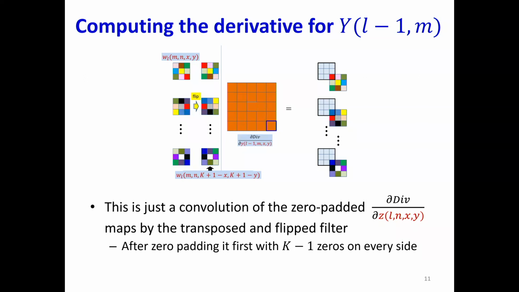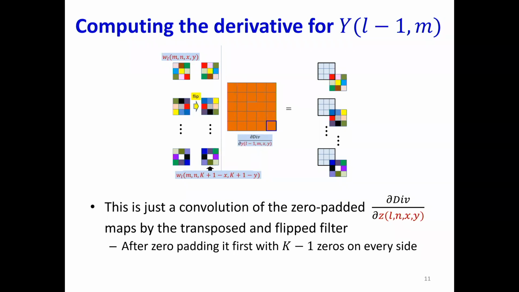The output would be n minus k plus 1, which is going to be m minus k plus 1 minus k plus 1, correct? Because this is what n was. So in other words, m minus 2 times k minus 1, correct? Which is why you had to pad it with 2 times k minus 1 zeros.